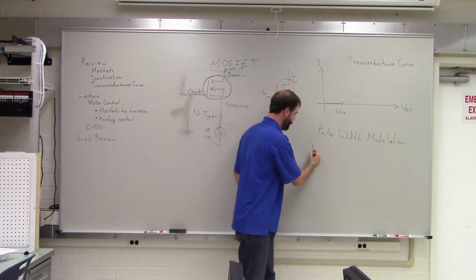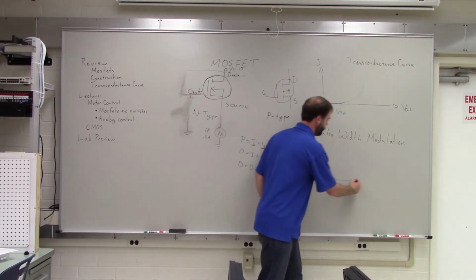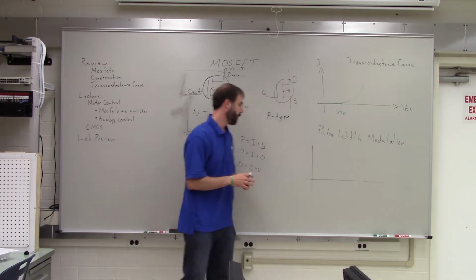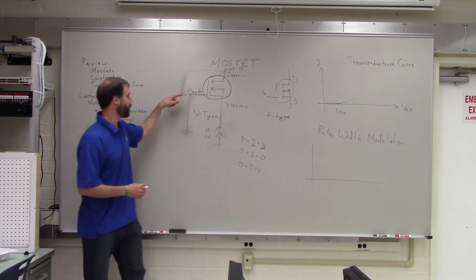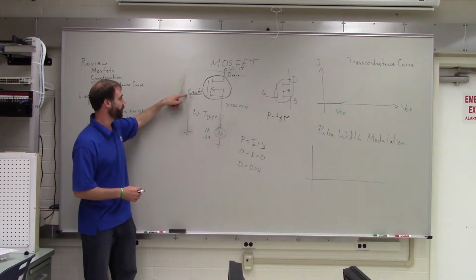The way that this works is that you create pulses of voltage on the gate.